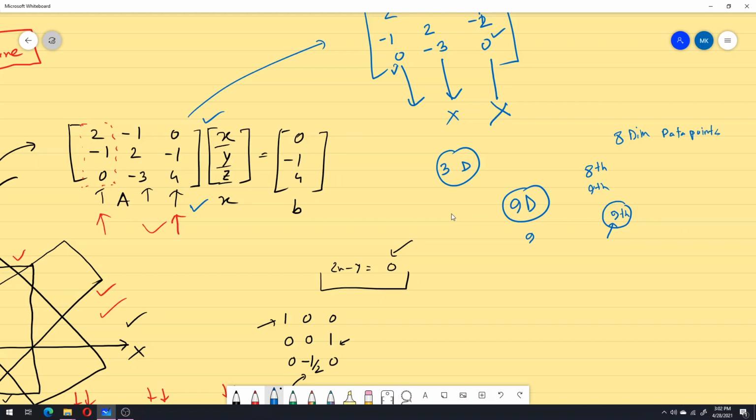So what you will get is an 8D plane on a 9-dimensional coordinate system.